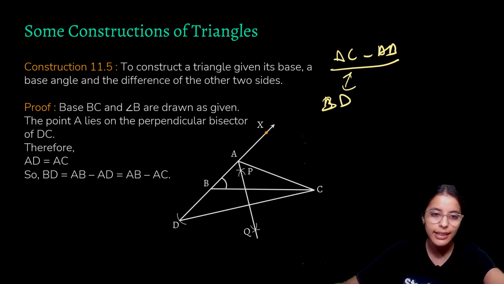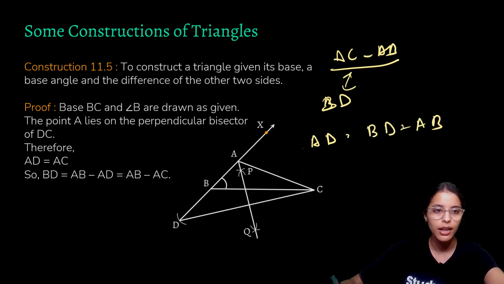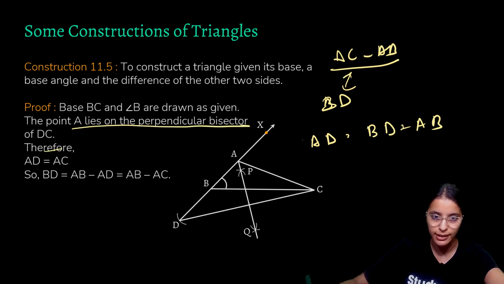So let us see over here that our AD is equal to BD plus AB. And now, since A lies on the perpendicular bisector of DC, as I've mentioned previously, the sides AD and AC must be equal, because A lies on the perpendicular bisector of CD, and hence these two sides are equal.